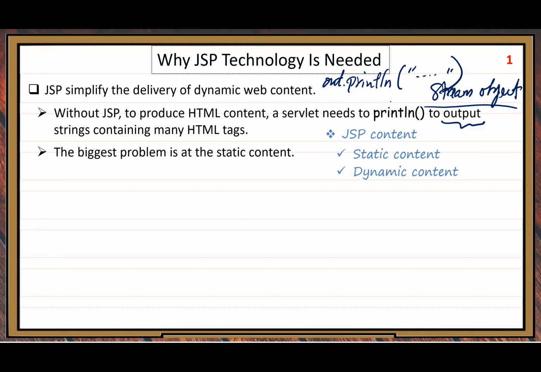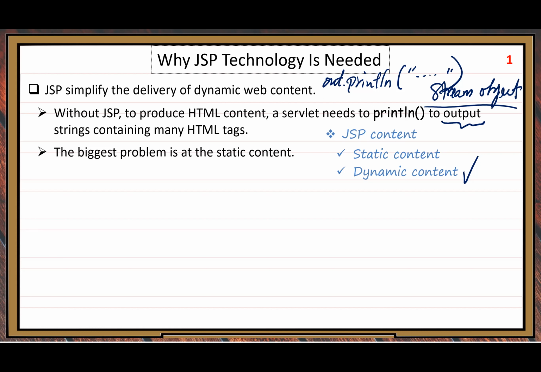In Java, for the dynamic content, we have a powerful way to do that. We know Java is very powerful for the dynamic part. But think about the static part.